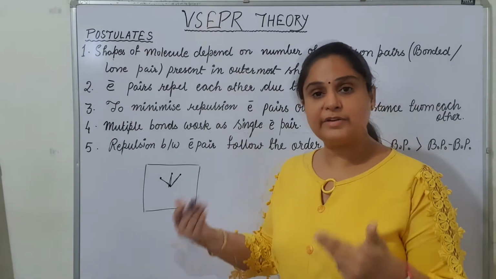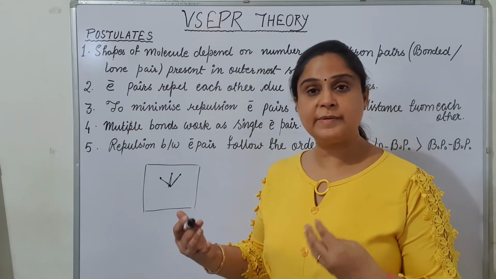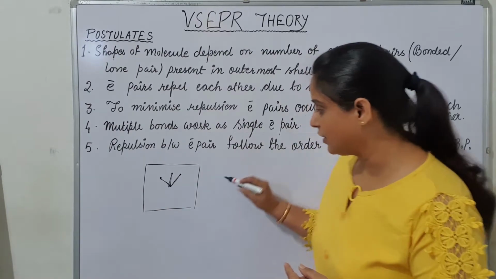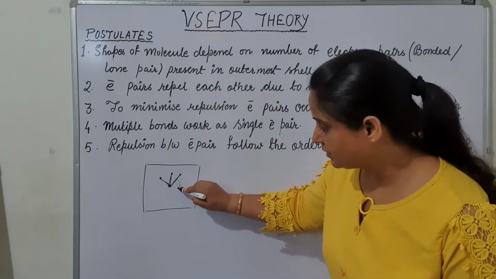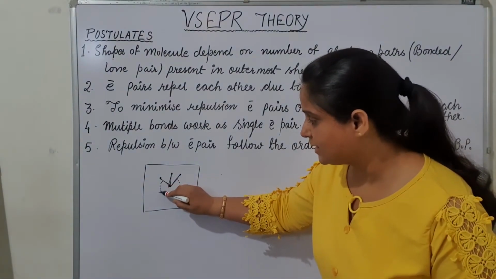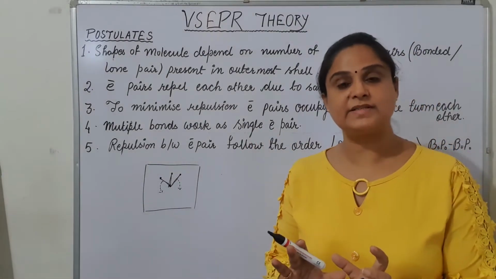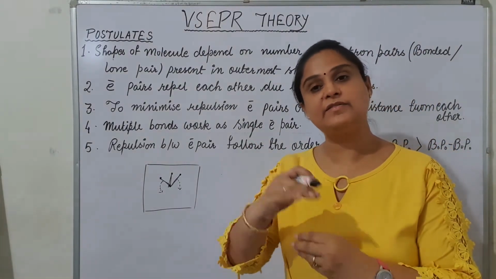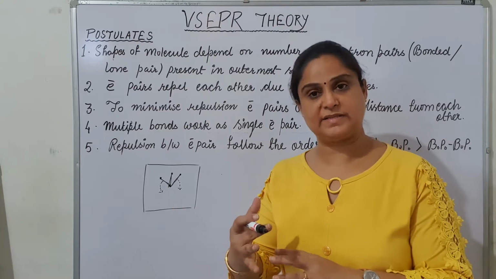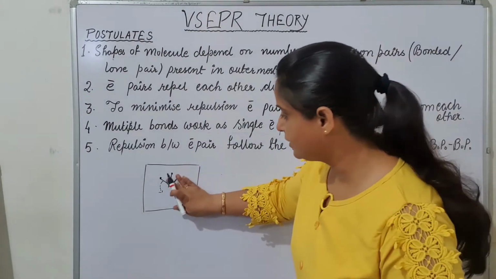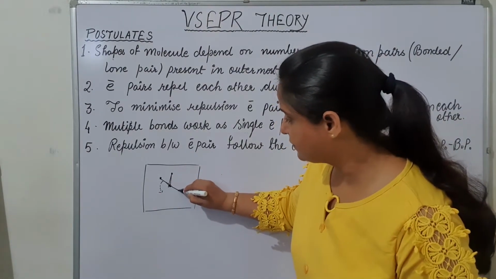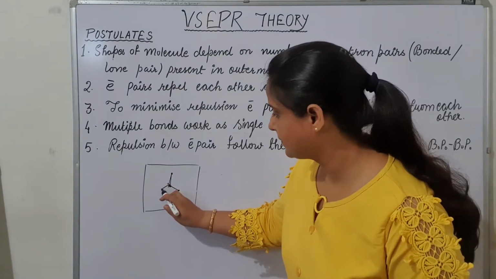If these bond pair electrons will repel each other, what will they do to maintain the minimum interaction between them? They will start shifting themselves in such a way that the maximum distance, maximum angle can be maintained with each other in 3D space. So what will they do? They will arrange themselves this way.